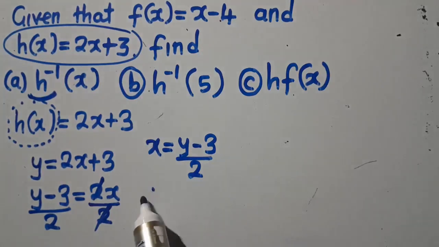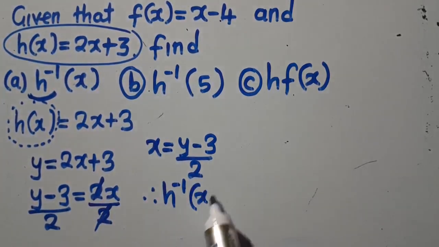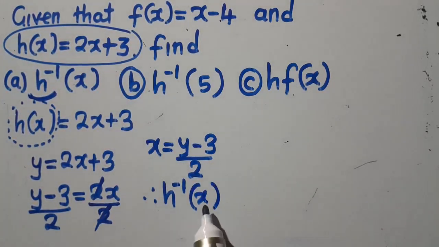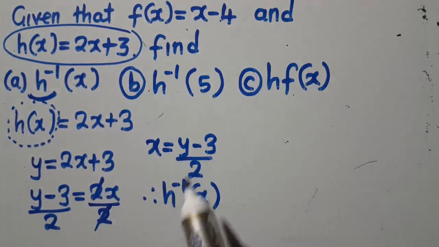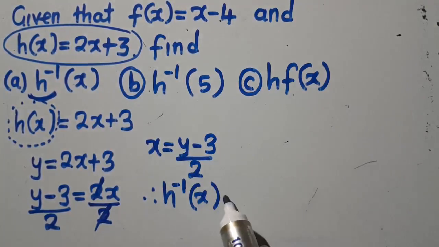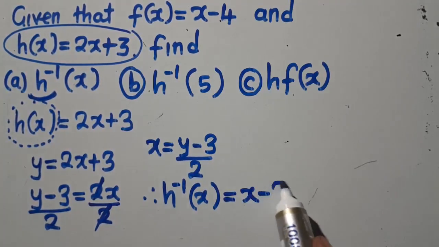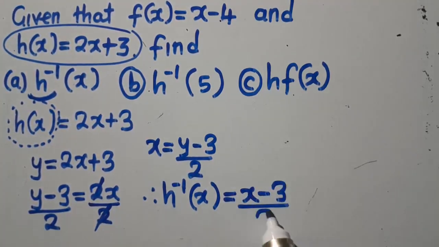Therefore, it was asking for h inverse. So h inverse of x is equal to, have you seen I've said x, not y? Meaning that where there is y, you put x. So h inverse of x is equal to x minus 3 over 2.